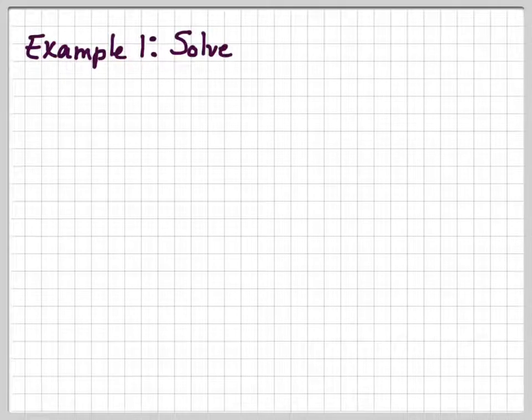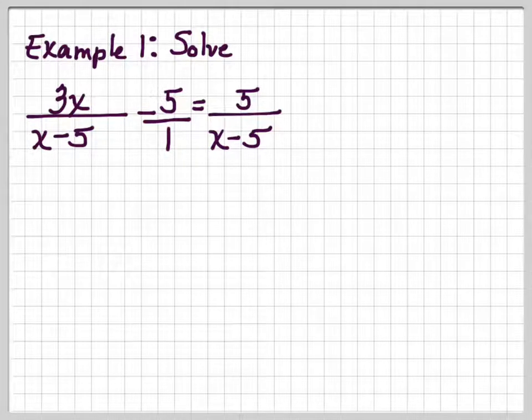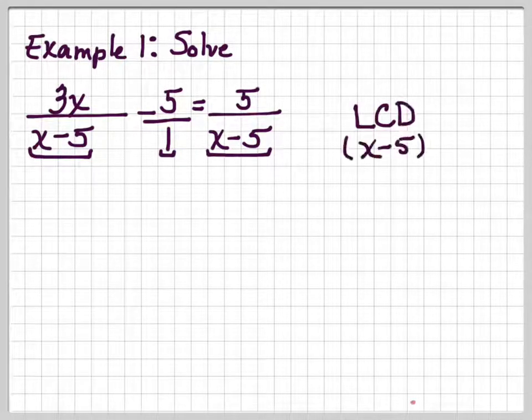Now let's work on something a little more difficult. Here's example number 1. We want to solve 3x over x minus 5 equals 5 over x minus 5. So the first thing we're going to do, once again, is put a 1 under that 5 just as a placeholder. And we look and say the common denominator is x minus 5, and that is the least common denominator.